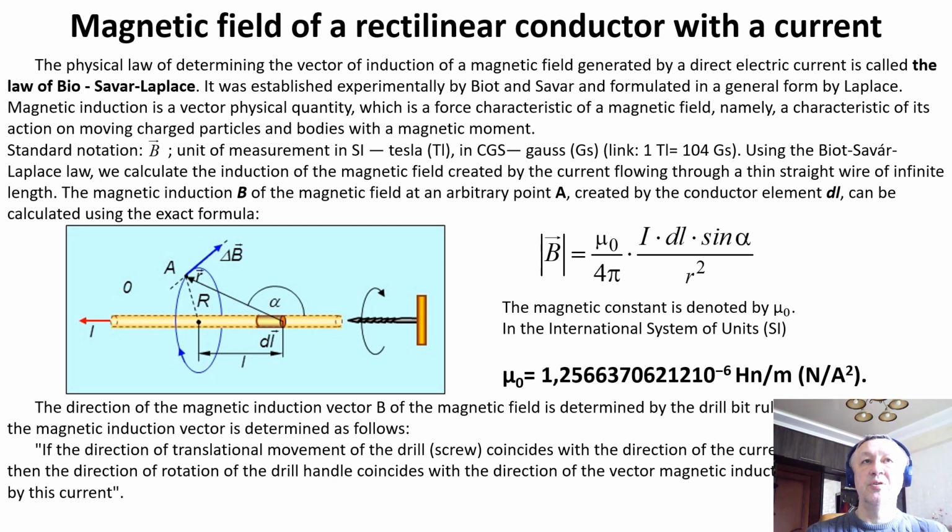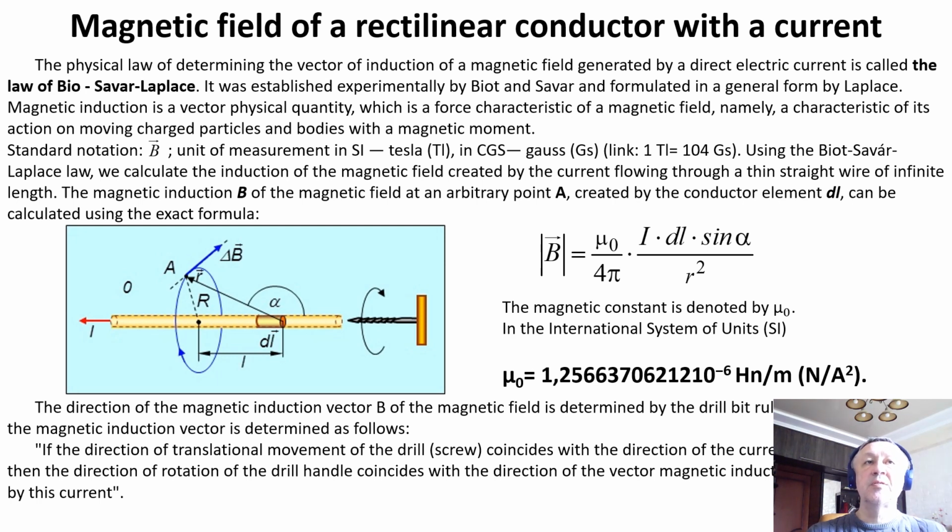Magnetic induction is a vector physical quantity, which is a force characteristic of a magnetic field, namely a characteristic of its action on moving charged particles and bodies with a magnetic moment.